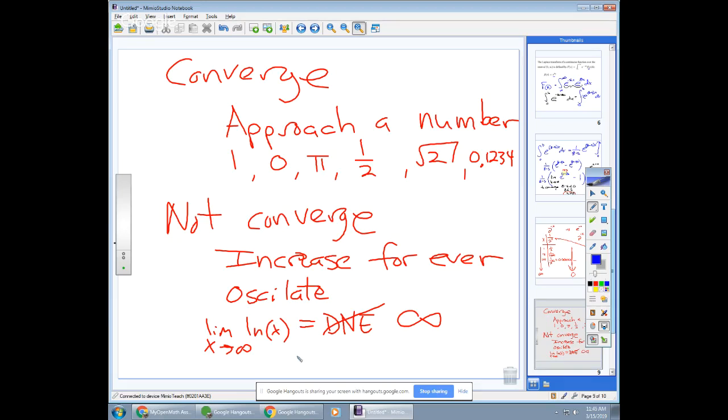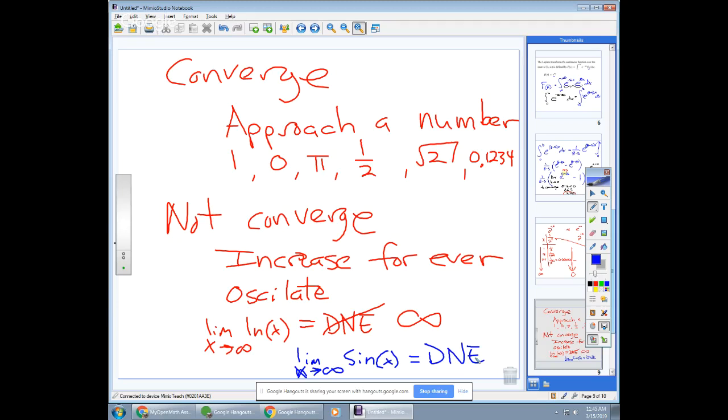Alternatively, if we tried to take the limit as x goes to infinity of the sine of x, sine is always oscillating between -1 and 1, so this does not exist either. I can't give a more specific answer than does not exist, like I can't say infinity because it doesn't grow forever. I could say it lives between -1 and 1, but it still doesn't converge to anything.